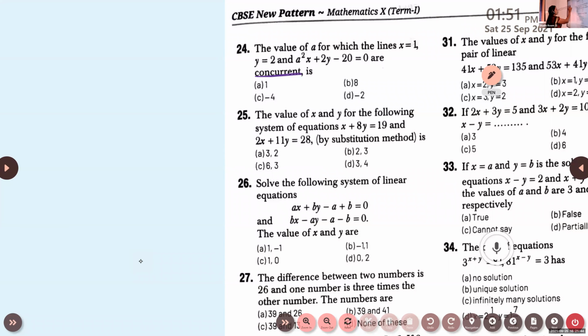You just substitute x is equal to 1 and y is equal to 2 in the equation a square x plus 2y minus 20 is 0. In the place of x, 1, so a square into 1. In place of y, you put 2, minus 20 is 0. Find out what is the value of a.